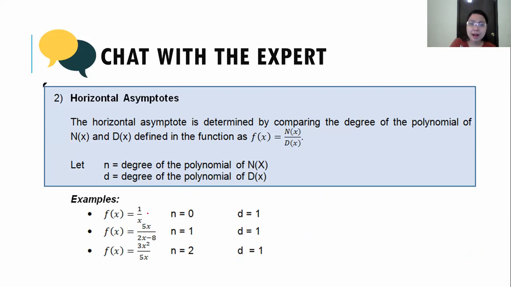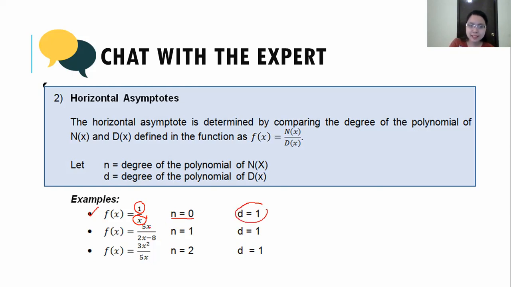Then find the degree for each. Example, in the first one, there's no exponent, so the degree of your numerator is 0. For the denominator, that's only x, so it means we have an exponent of 1, so the degree is 1.